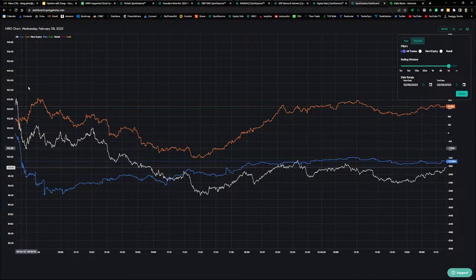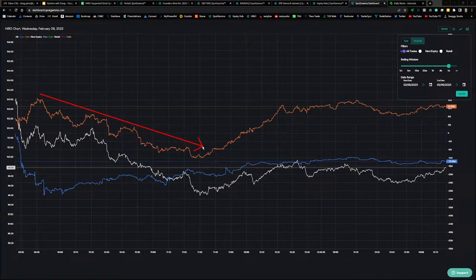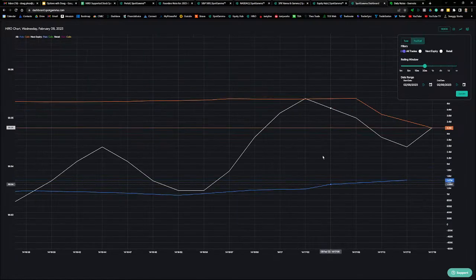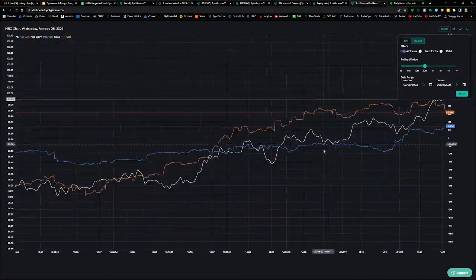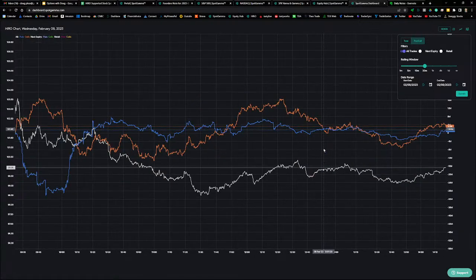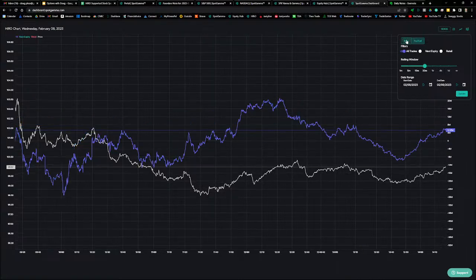So they were selling calls and buying calls. Now not much. Let's change the rolling window. And that doesn't provide a lot of clarity, it looks like.